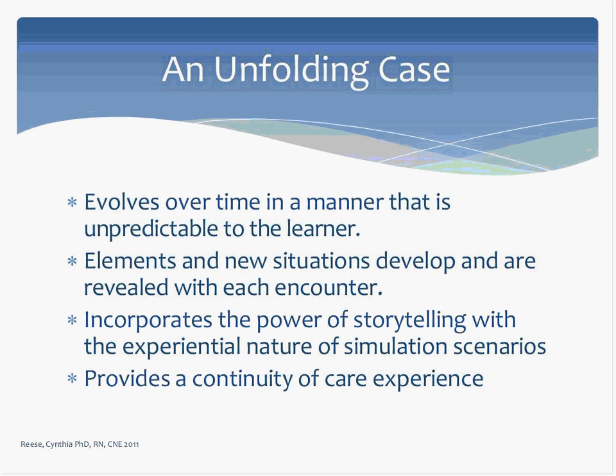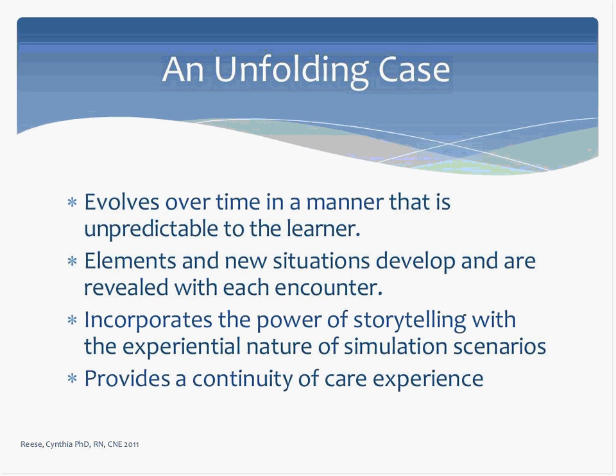Some other points: how an unfolding case evolves is going to be unpredictable to the learner. The instructor should have kind of an idea of where they want it to go, but that information shouldn't be real clear to the learner. We want them to have to reason and think through this. We give them new situations and add things with each encounter.